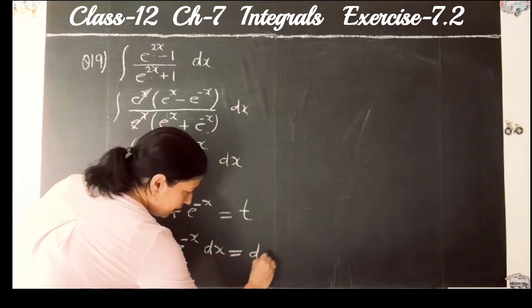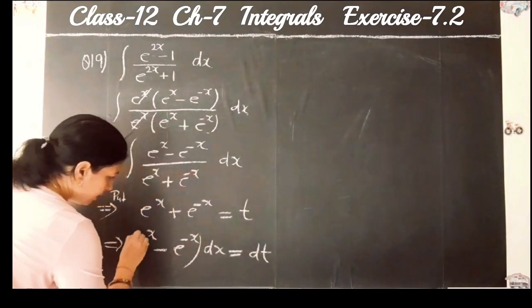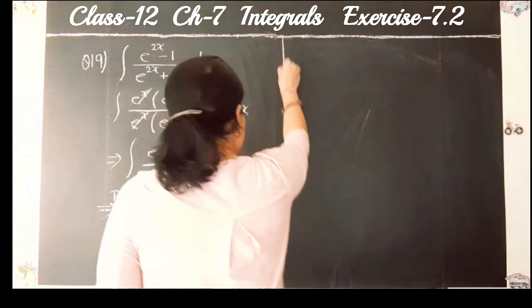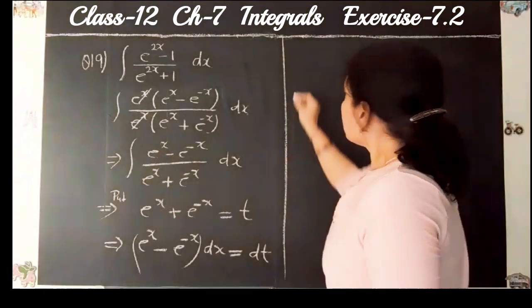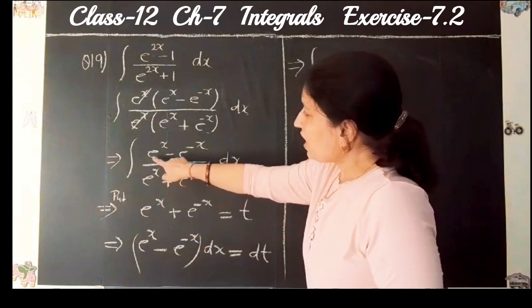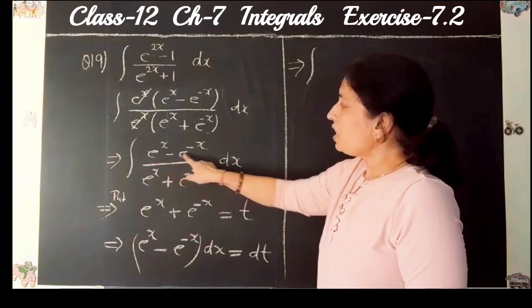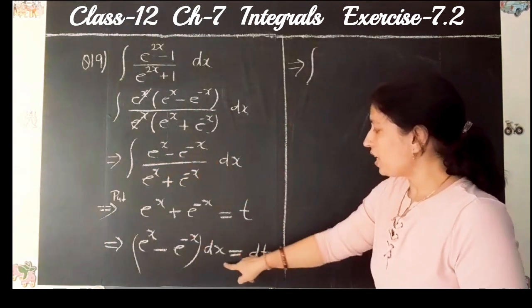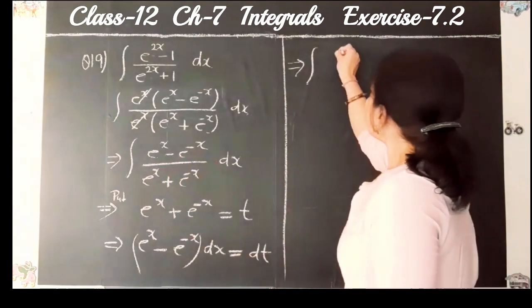We can write directly here dt. So now we can write the integral in place of e to the power x minus e to the power minus x dx. We can write dt. So write here dt.